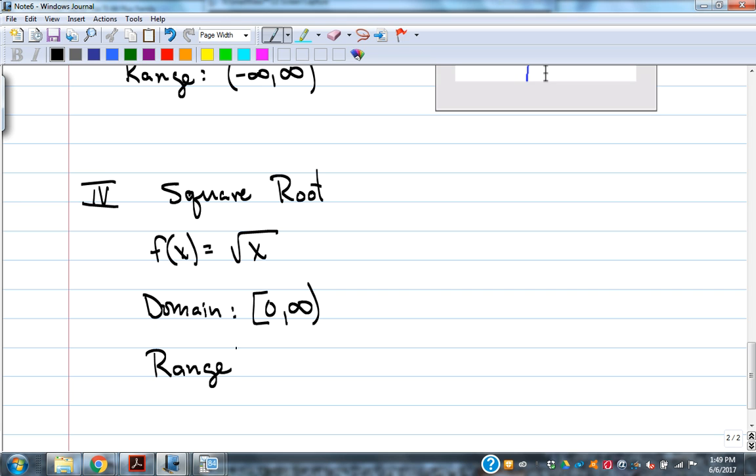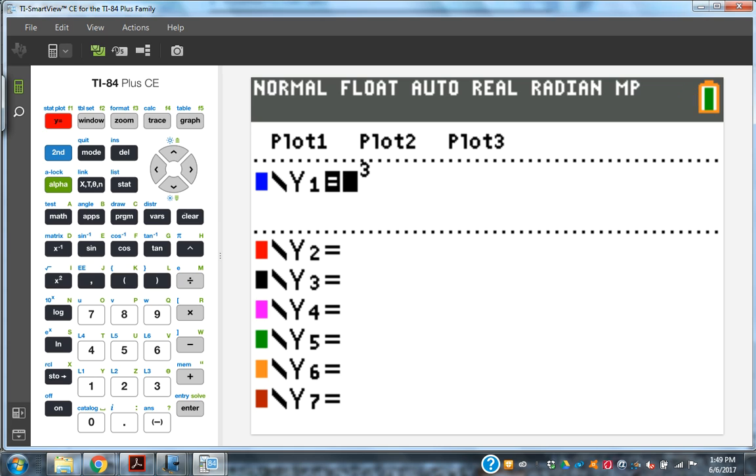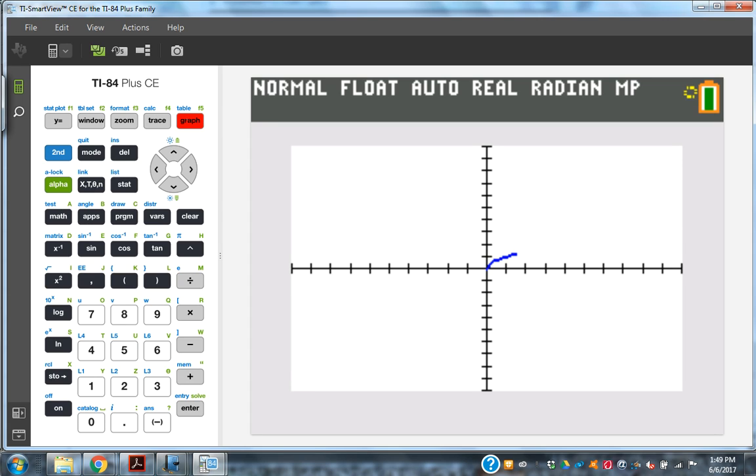The range for that one follows suit. It goes from bracket 0 to positive infinity. And let's look at the graph, and I'll kind of show you why the range stays the same. So second x squared to get the square root function, and hit graph.